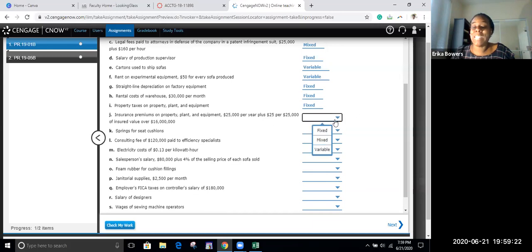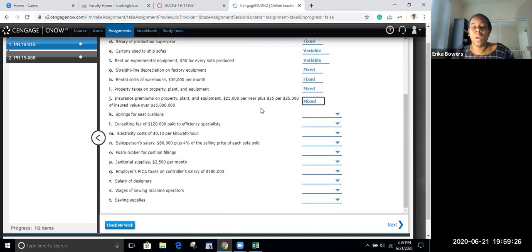So that is mixed because you have a flat fee and then a per item fee. Spring for seat cushions, the more seat cushions you make, the more you need springs. Consulting fee of 120, that is a fixed fee. Electricity cost, 13 cents per kilowatt per hour. So that's a variable cost.